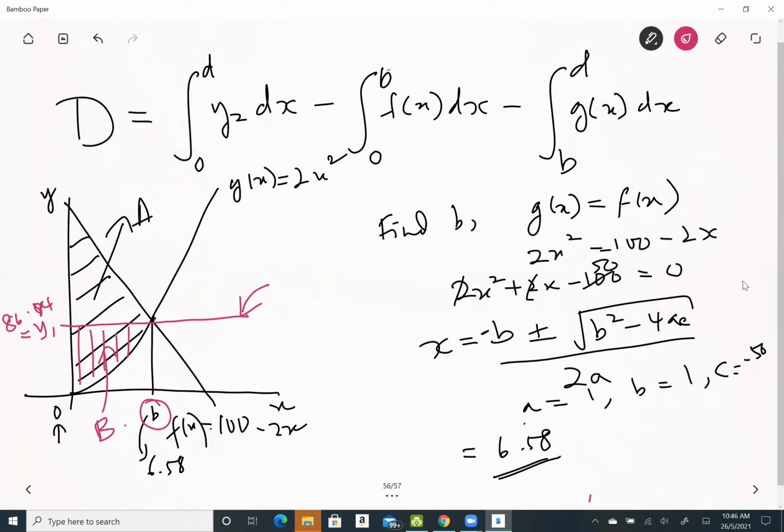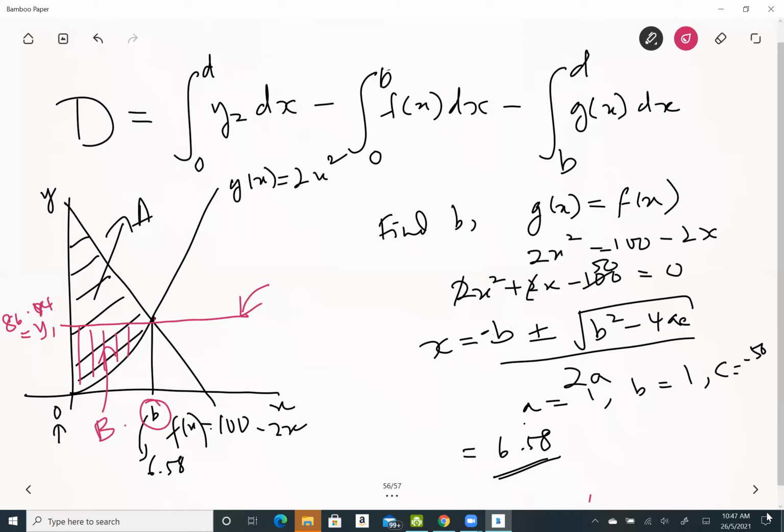So you have to take out the area in the bottom, because that's what you don't need. The area that you need to take out is area under what? G of x. Under g of x, from 0 to b.